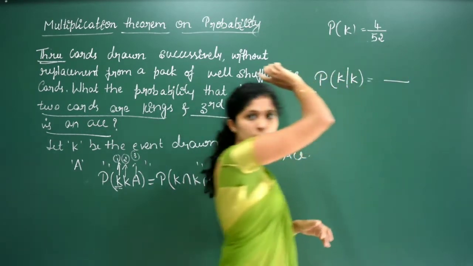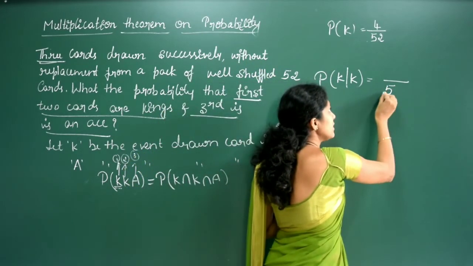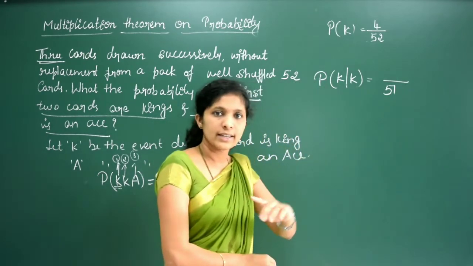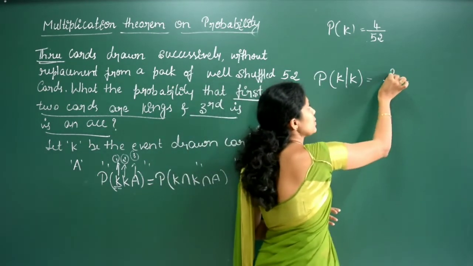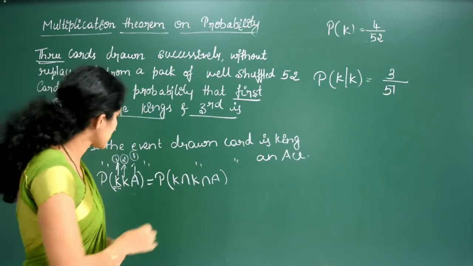Total 52 were there. In that one is drawn, remaining cards are 51. Total 4 kings are there. In that one is drawn, so it will be 3. Right? 3 by 51.